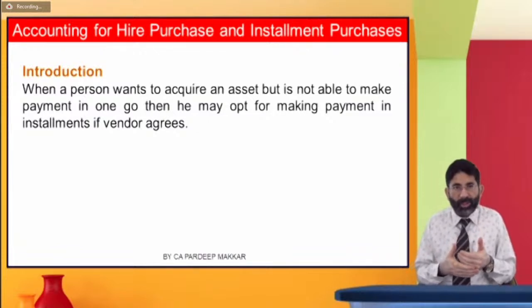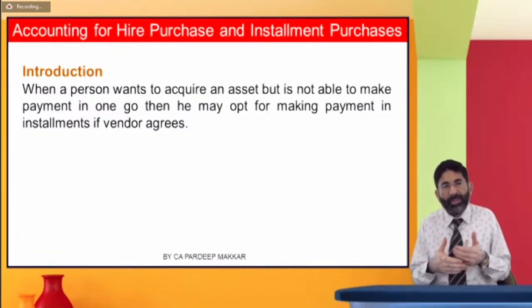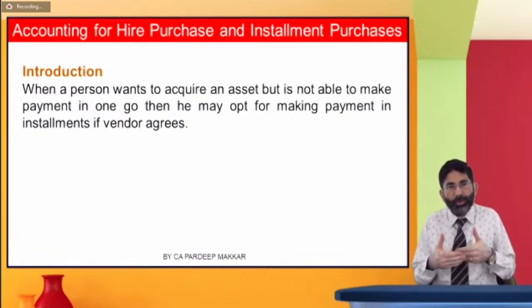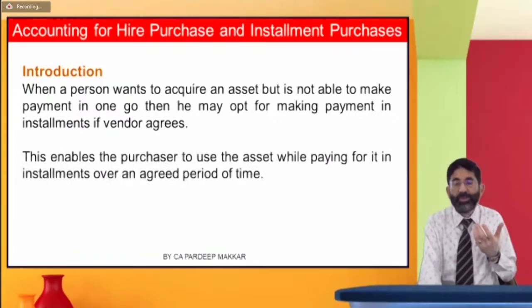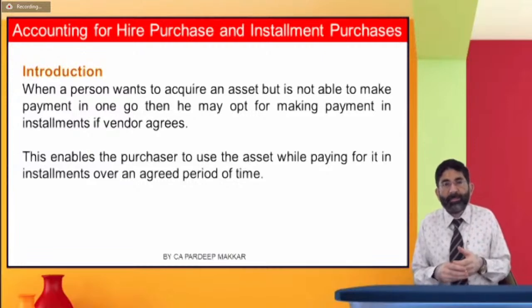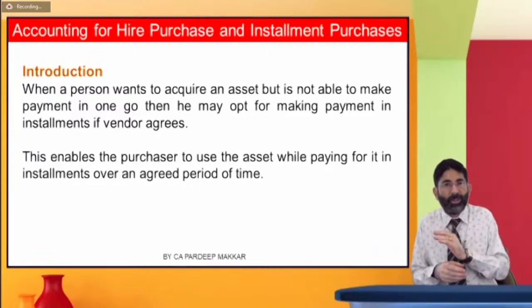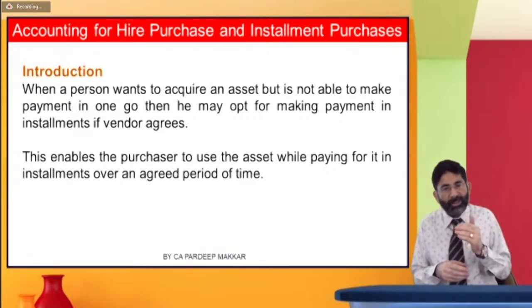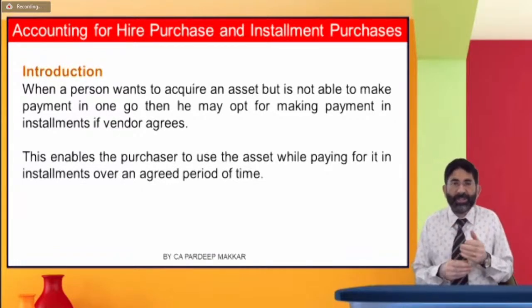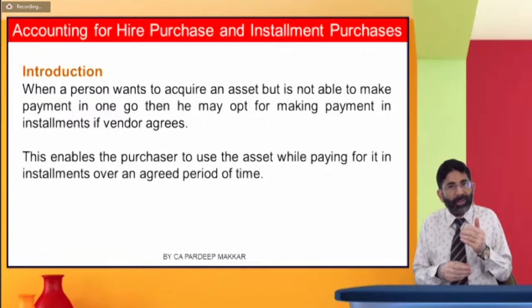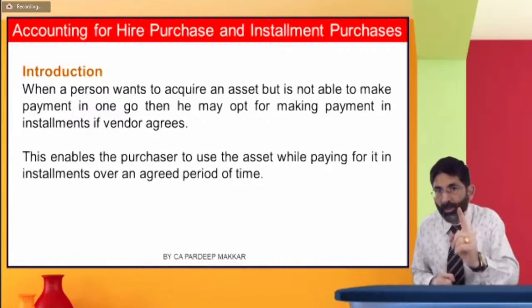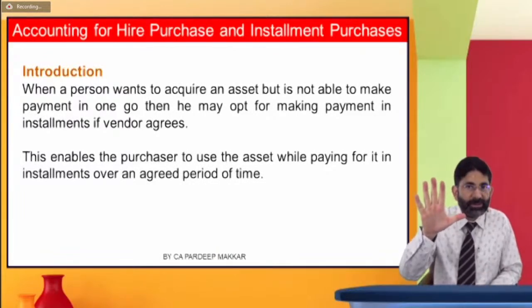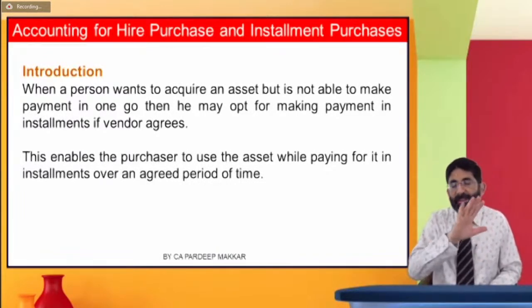If someone is interested to acquire an asset now, but is interested to pay in installments, then such a concept comes into the picture. This enables the purchaser to use the asset while paying for it in installments over a period of time. Just assume I have purchased a car in this way and I have committed to the seller that I will make the payment within the next 5 years in installments, that is in 60 installments.